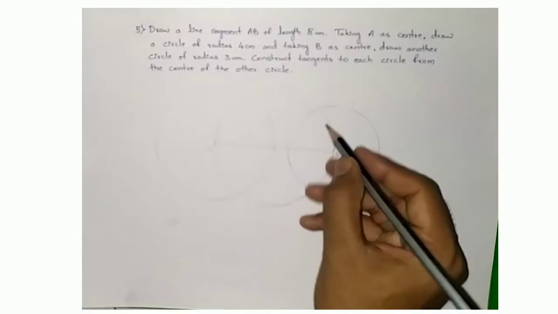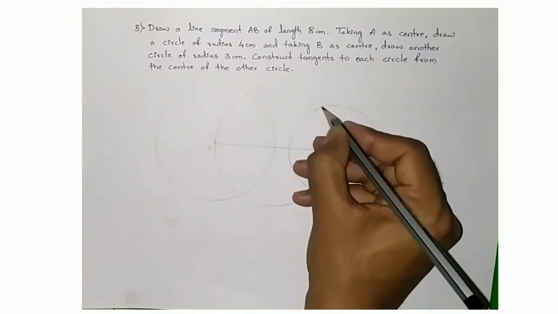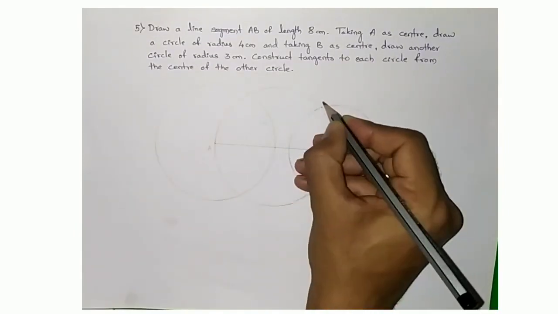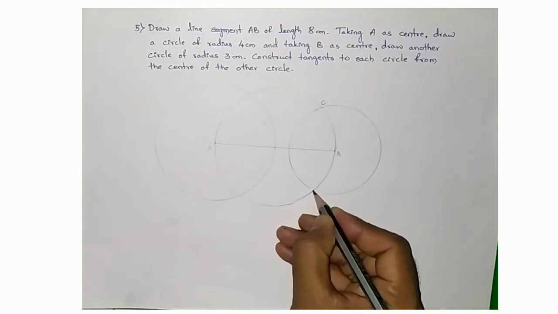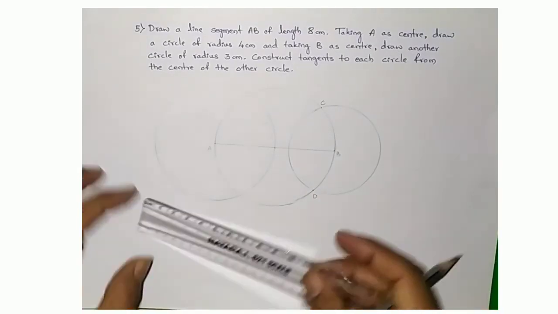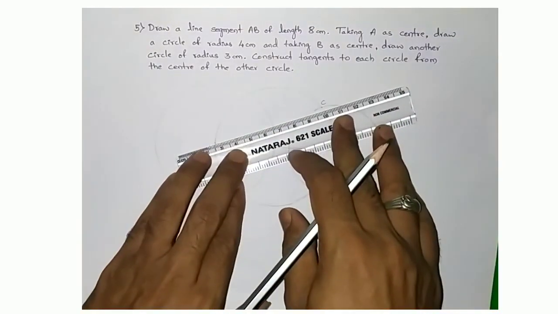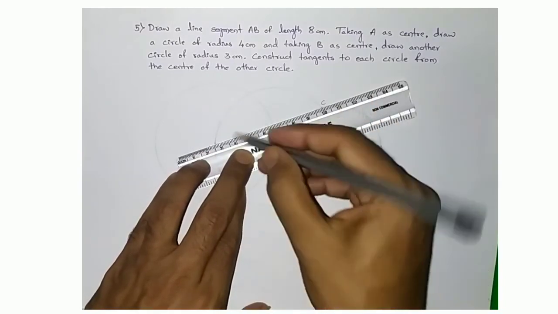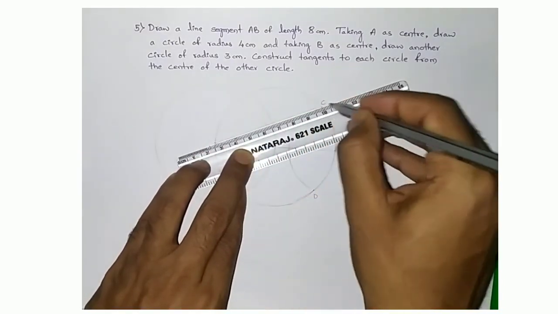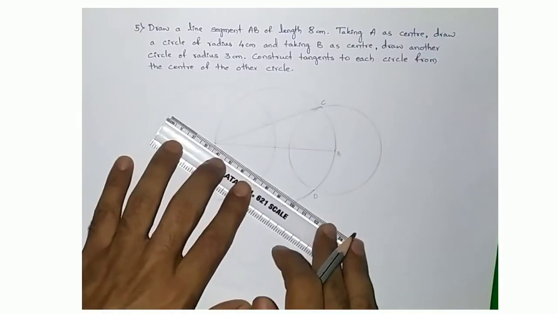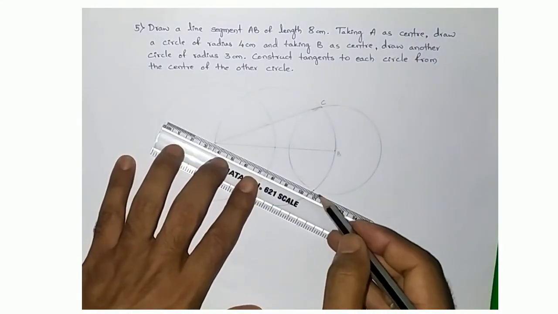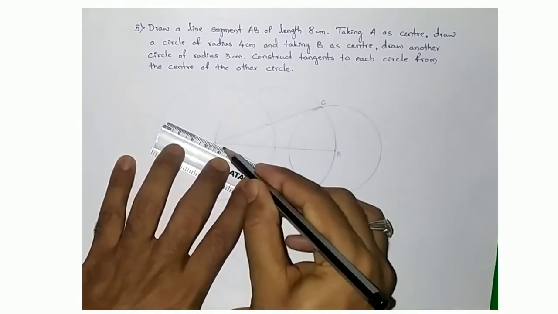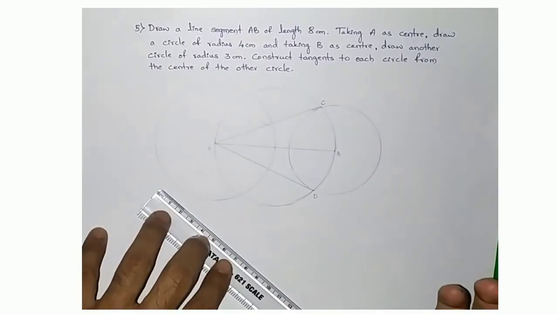So let's take this point as C and this as D. So join them, AC and AD are our two tangents.